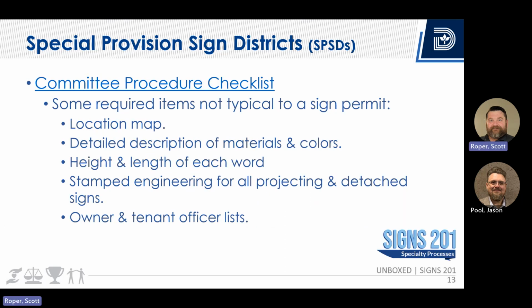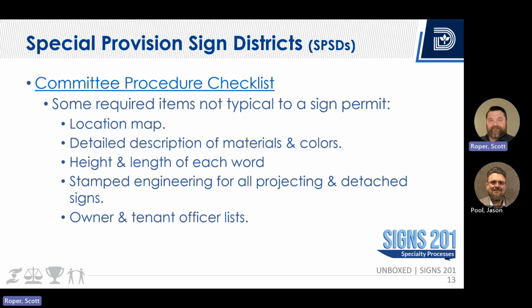So the checklist, and here's another link. We provided the links multiple places for your convenience. Committee procedure checklist. Some required items not typically part of a sign permit are the location map. And this is just a general overhead location of the sign, its location, where it's attached, just brief information. Detailed description of materials and colors.